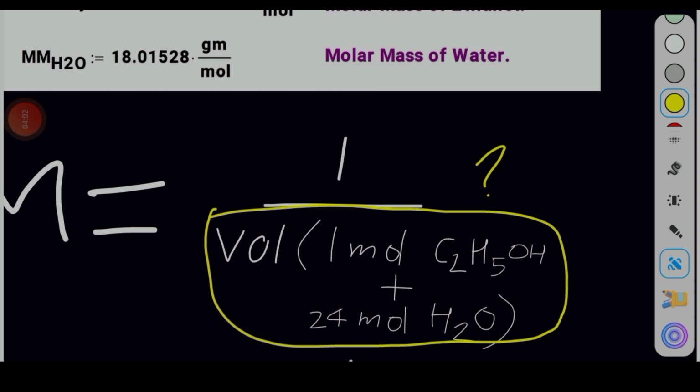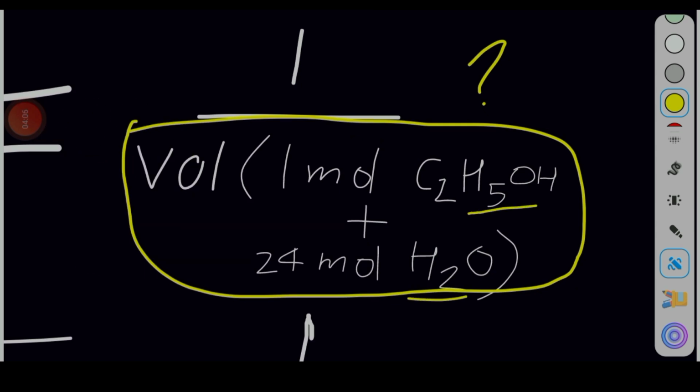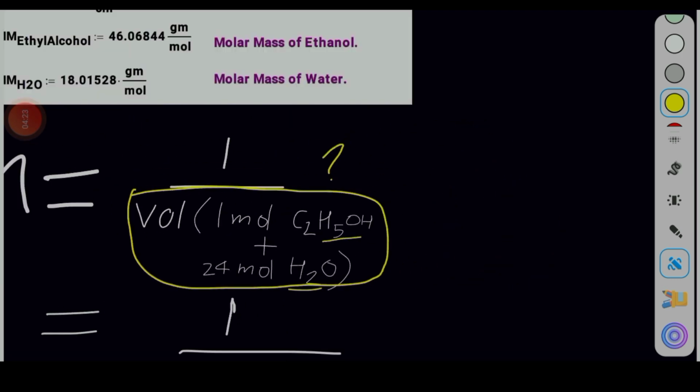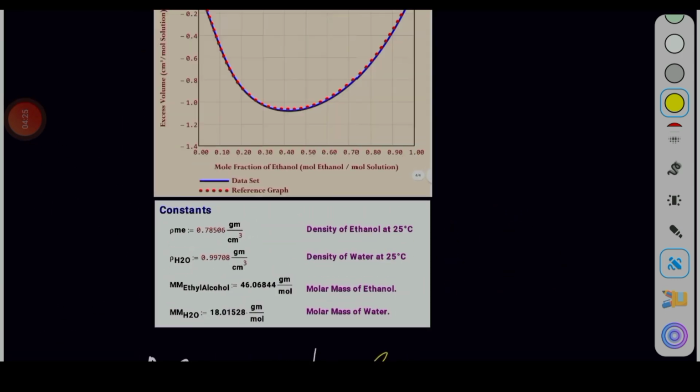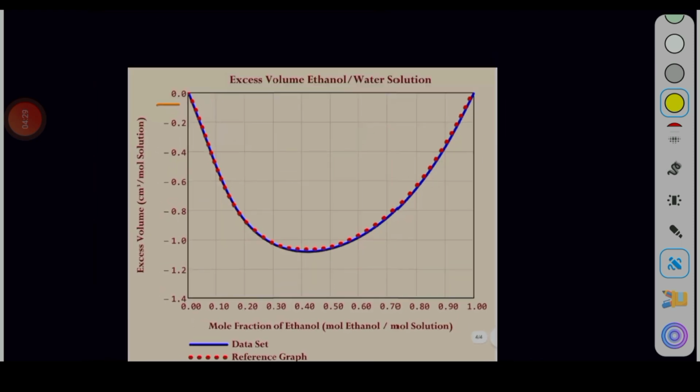So whenever you are adding ethanol and water to create a solution, some amount of ethanol will occupy the space between the molecules of water, and the exact volume of the solution will be slightly less than the sum, and that is what we can get from this graph.